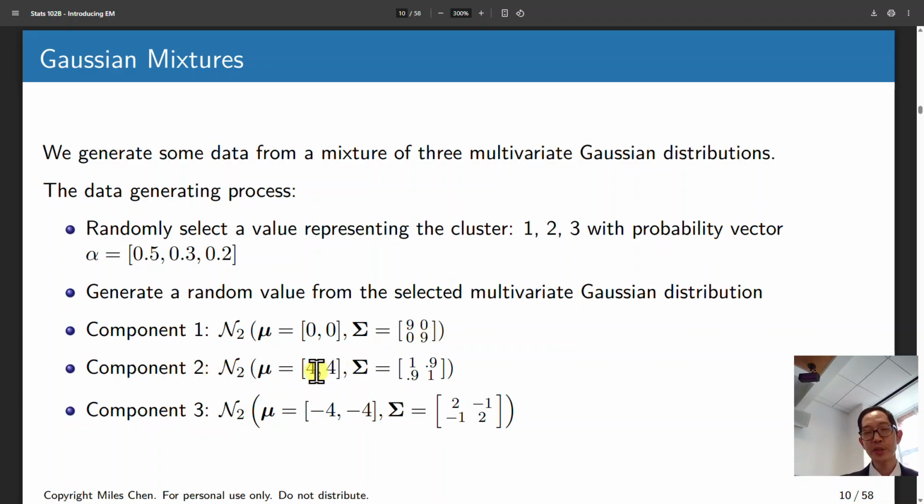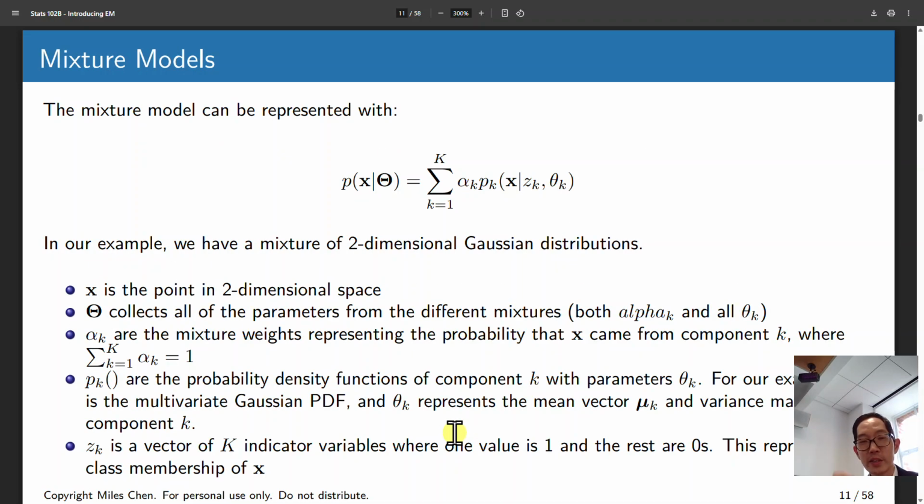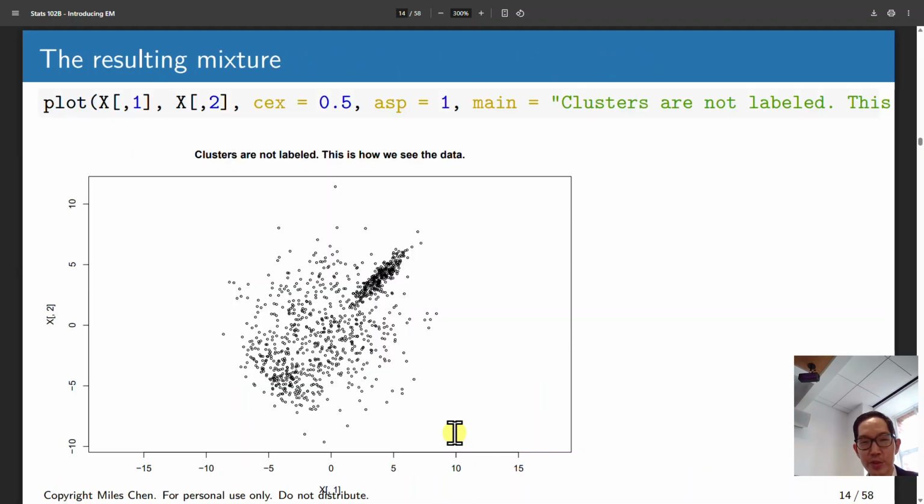Component 2 is centered at 4, 4, in the upper right corner, and its variances are 1 and 1, but it also has covariance of 0.9. So it's going to look like an ellipse pointing from the lower left to the upper right. Component 3 is centered at -4, -4. It has variance matrix 2, -1, -1, 2, so there's negative covariance.